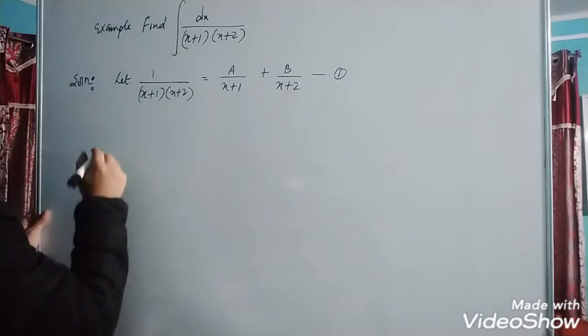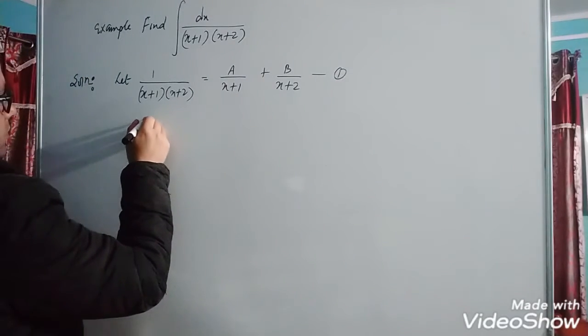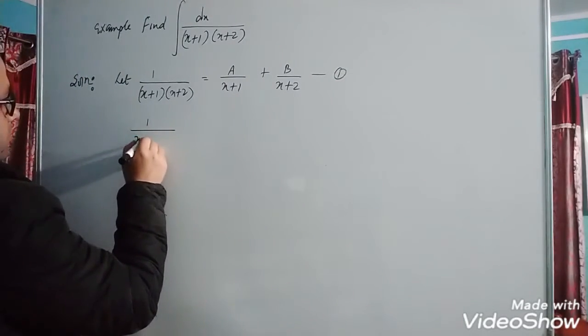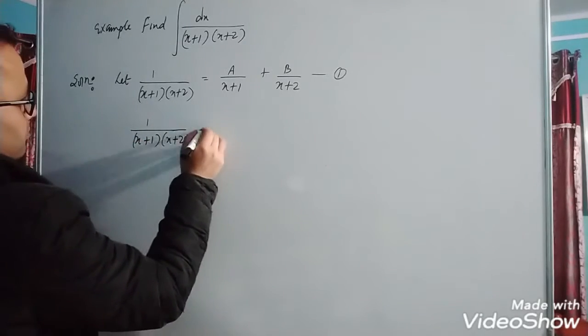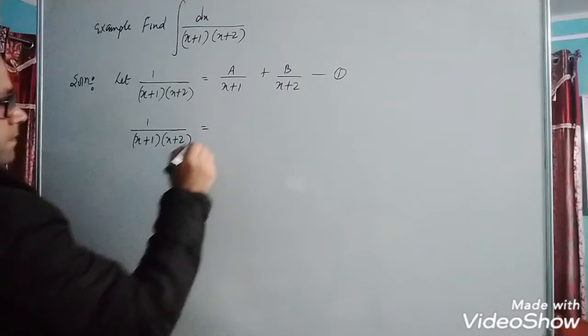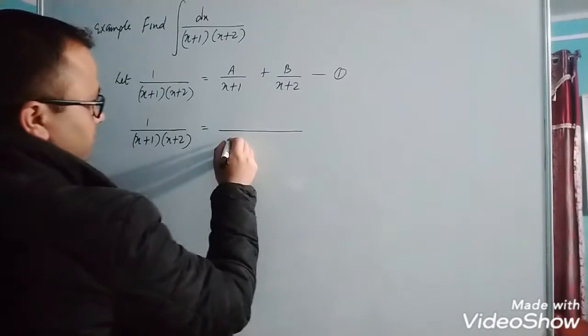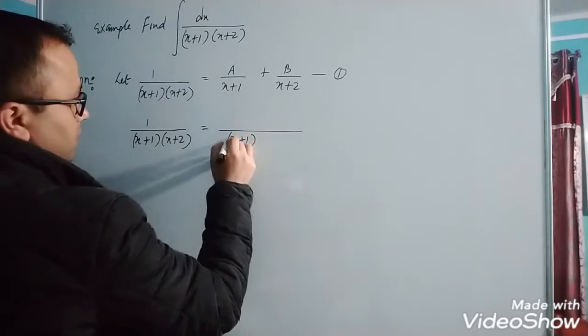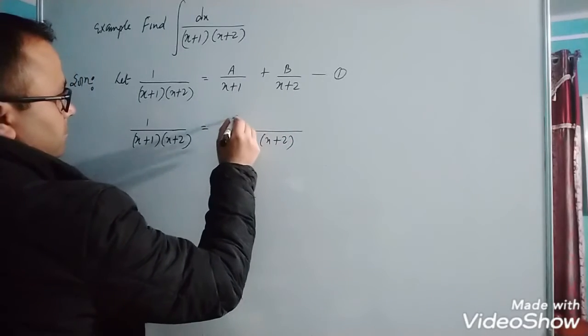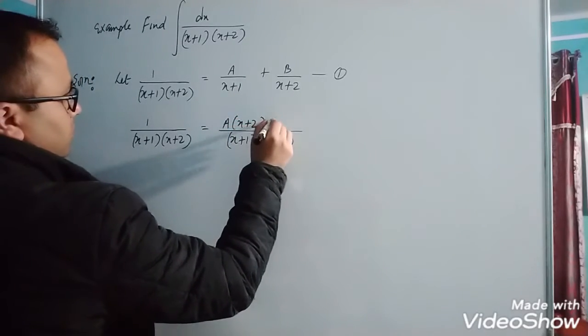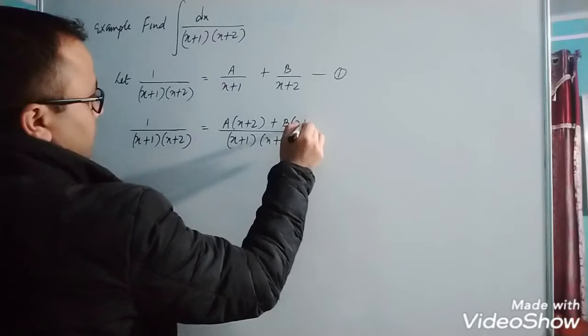After that, 1 by x plus 1 into x plus 2 equals, taking the LCM, x plus 1 into x plus 2, cross multiply: a into x plus 2 plus b into x plus 1.